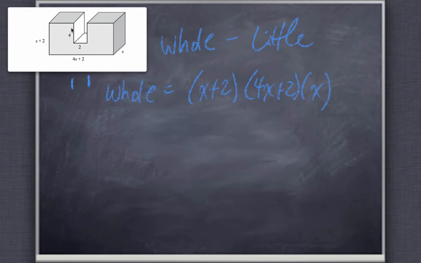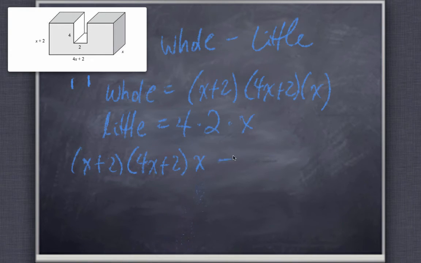The little one has 4 times 2. Still times x though, because it's all the way through. So it's 8x. So we have x plus 2 times 4x plus 2 times x minus 8x.